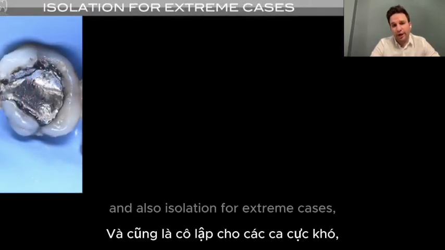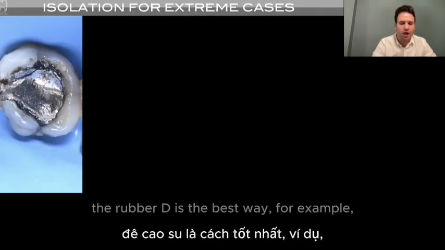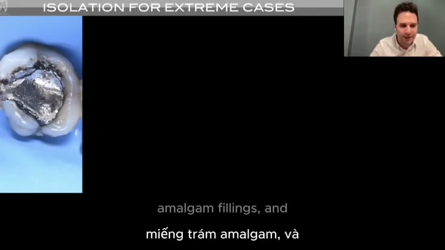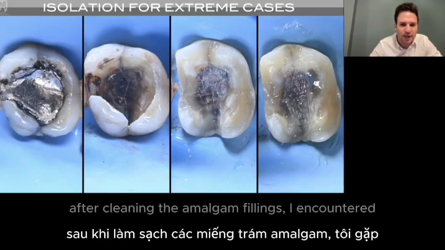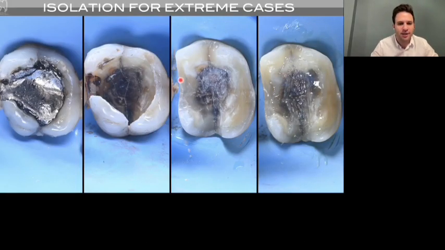And also for extreme cases, the rubber dam is the best way. For example, that patient has old mercury amalgam fillings, and after cleaning the amalgam fillings, I encountered some fracture lines.